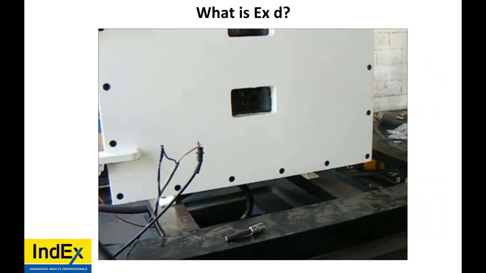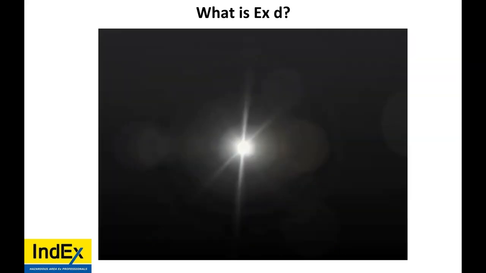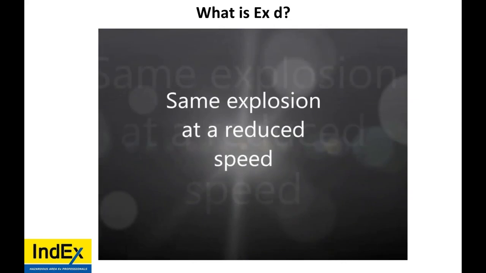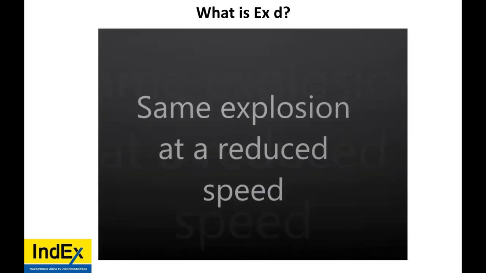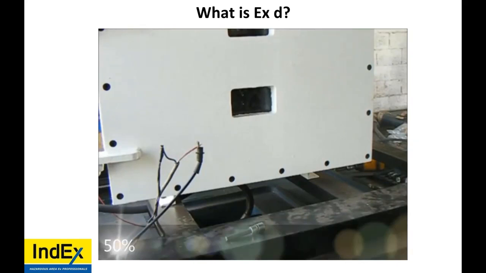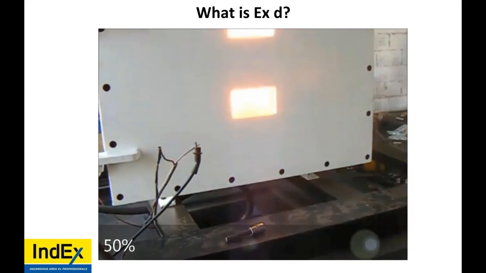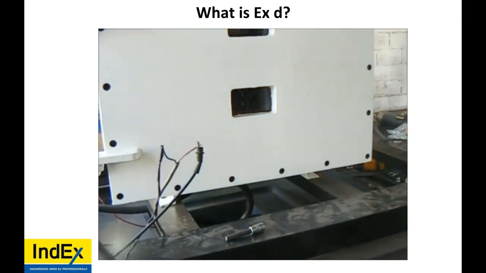So what can happen with an explosion within the box? Well, it can propagate up the cable. That flame will go up or through anything that it can. So this is an example of it going up between the cores in a cable.